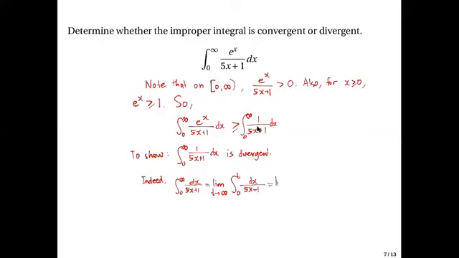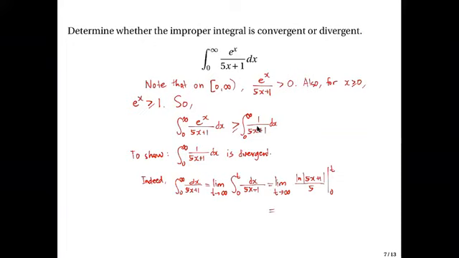This is just the limit as t approaches plus infinity of ln of the absolute value of 5x plus 1, over 5, evaluated from 0 to t.